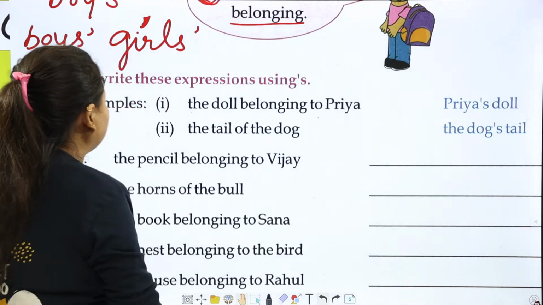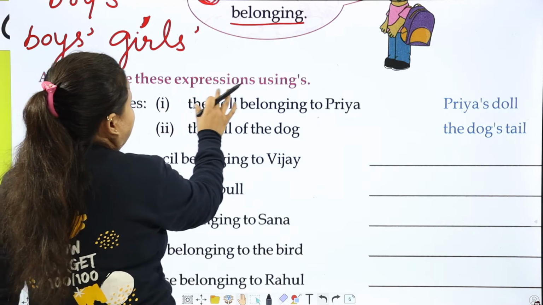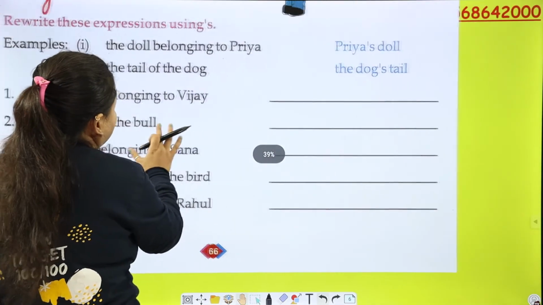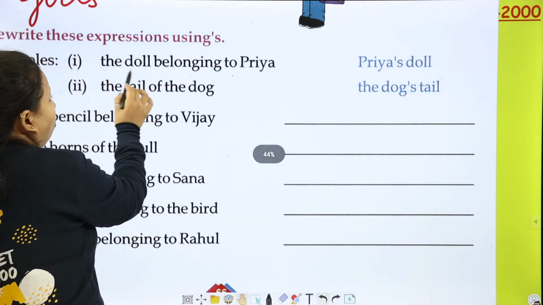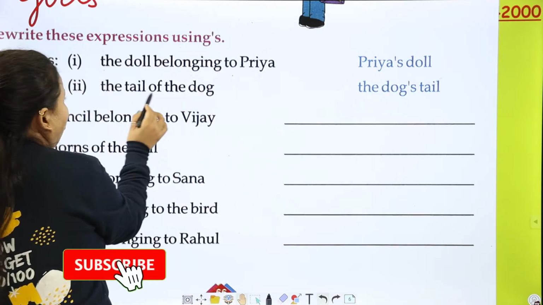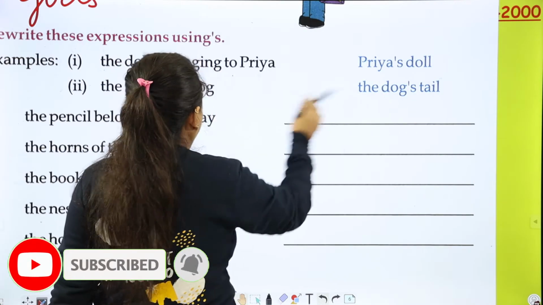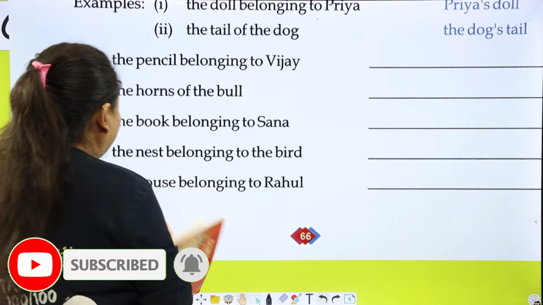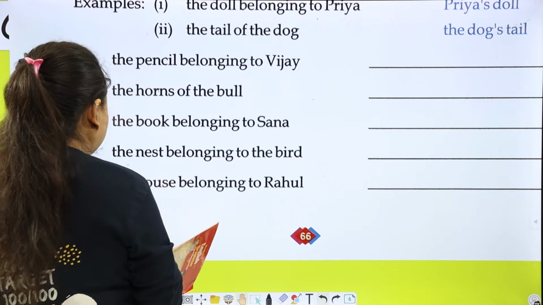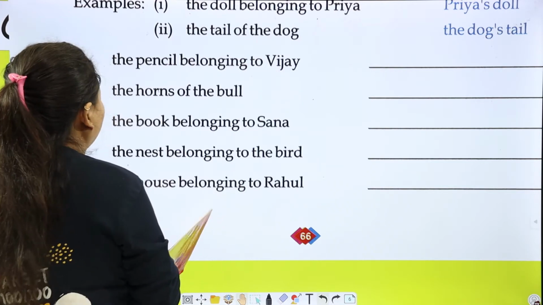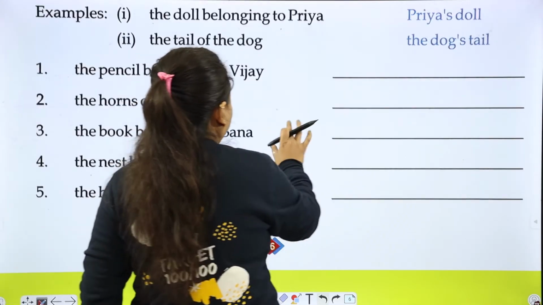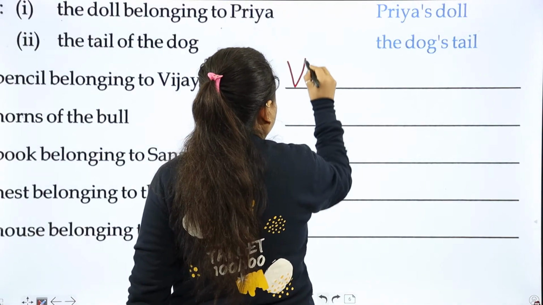Now rewrite these expressions using an apostrophe S. Like the doll belonging to Priya, Priya's doll. The tail of the dog, the dog's tail. The pencil belonging to Vijay. Here we have to write Vijay's.